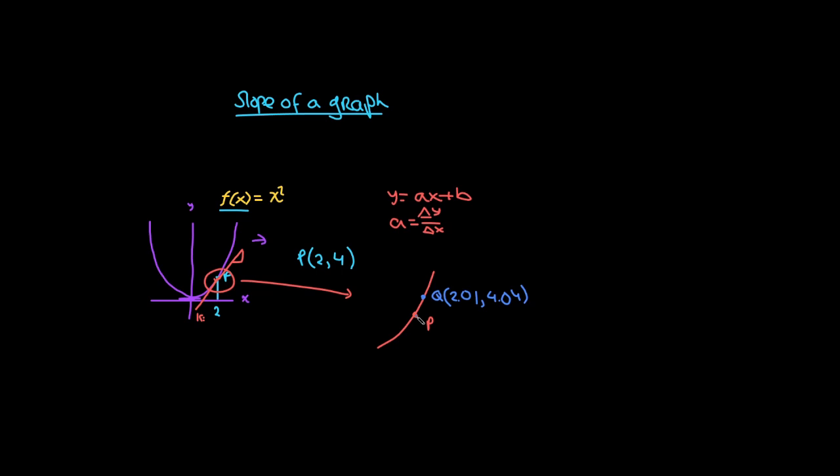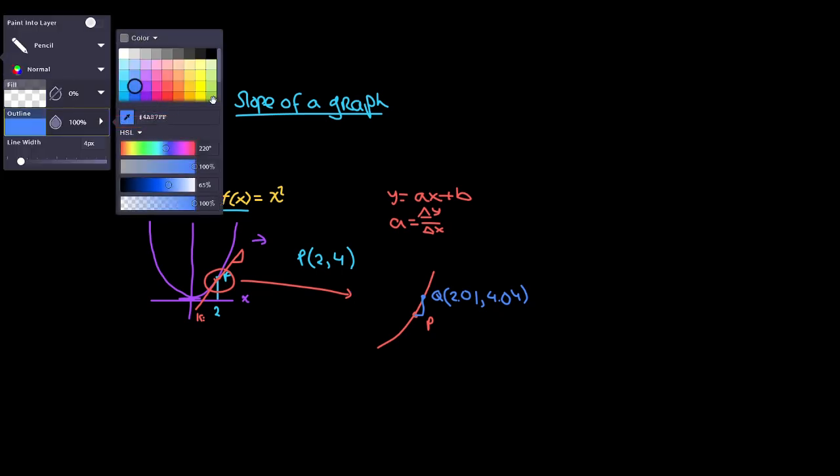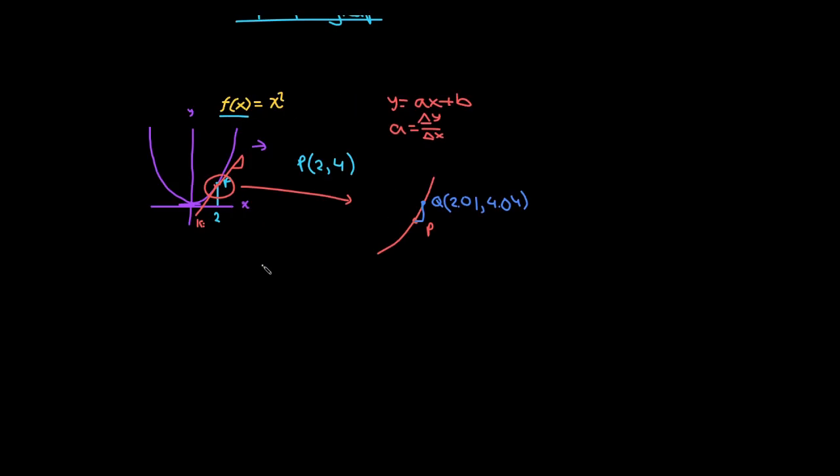Right, so it's just a tiny bit to the side. And now we're going to make a tangent line through those 2 points. So let's do that, in green, that's nice.